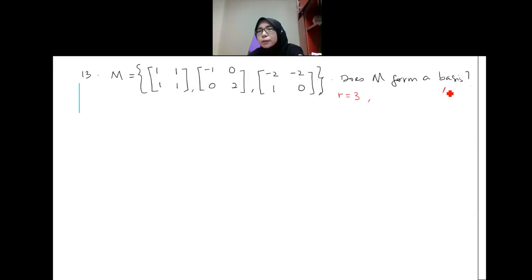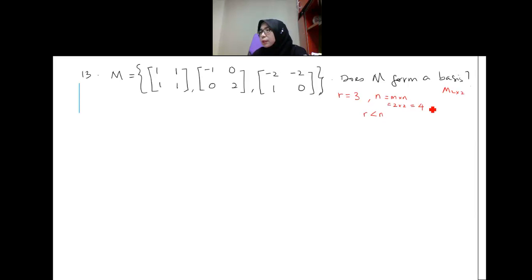And the dimension of vector space M2 by 2 is 4, isn't it? M by N, M is 2, N is also 2. So the dimension of M2 by 2 is 4. So look here, R is less than N. Can you see that?